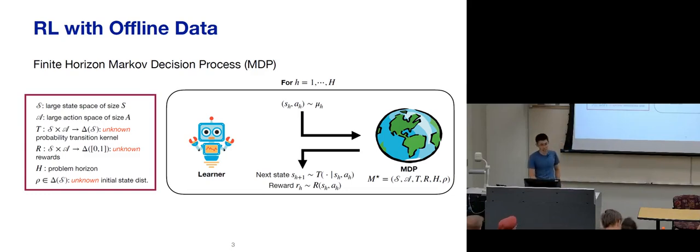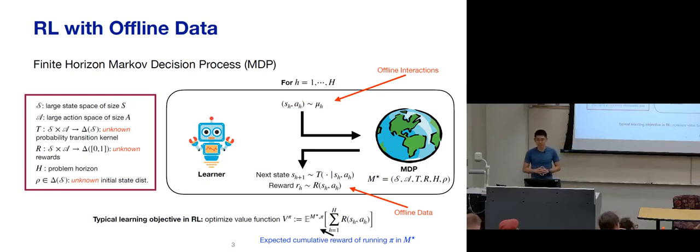This is the model we call reinforcement learning with offline data. This mu is the offline distribution, and this S_{h+1} and r_h are what we call the offline data.